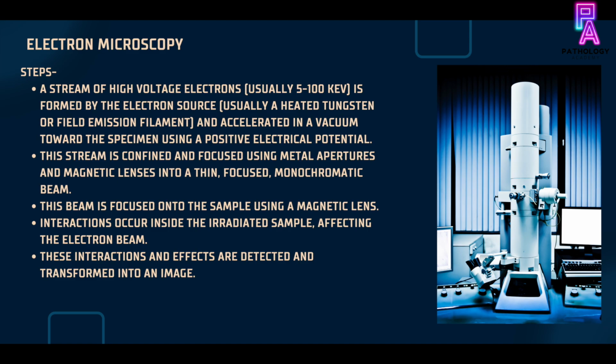This stream is confined and focused using metal apertures and magnetic lenses into a thin focused monochromatic beam. This beam is focused onto the sample using a magnetic lens. Interactions occur inside the irradiated sample, affecting the electron beam. These interactions and effects are detected and transformed into an image.